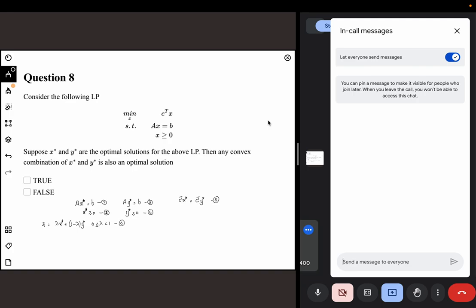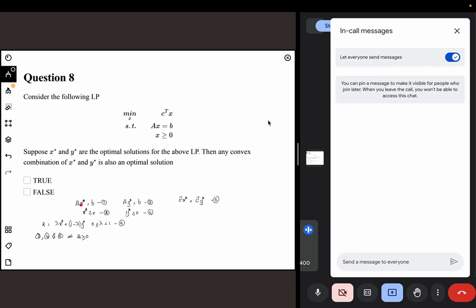You can see from 2, 4, and 6 that z should be positive. If both of these are positive quantities and you're just doing a weighted summation with another positive quantity, obviously the summation will also be positive. So z is greater than 0. If you have the equality, then you have greater than or equal to 0. If both of them are 0, then it can be 0.